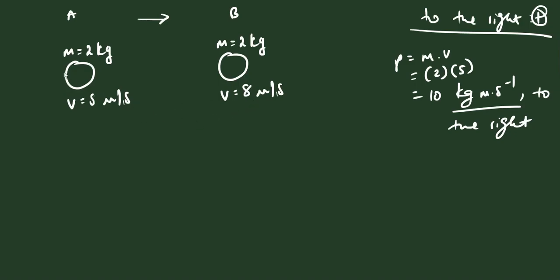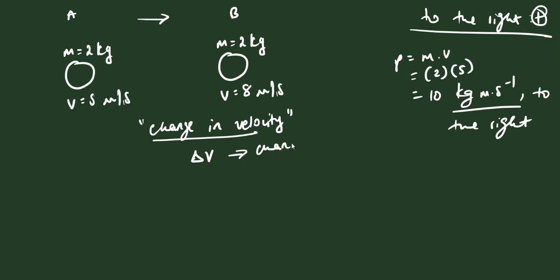What happened from A to B? There was a change in velocity. The mass has not changed, but there was a change in velocity. And once we have a change in velocity, it means we are going to have a change in momentum.